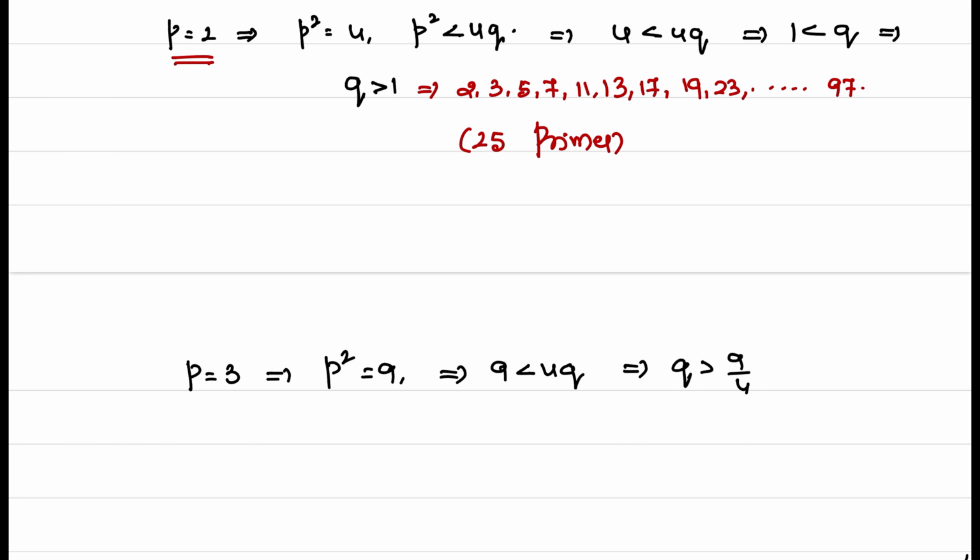That means q is greater than 2.25, that is greater than 2. Then q greater than 2 means you remove 2 from above. Answers will be 3, 5, 7 up to 97. How many primes? Here, because only 2 is taken out, 24 primes.